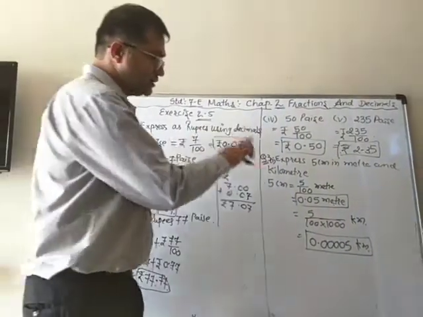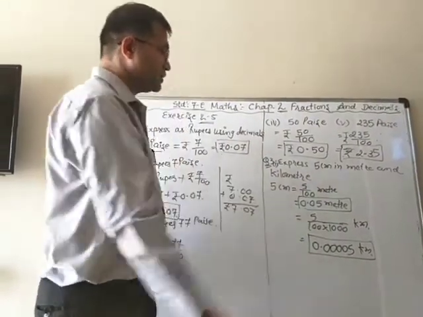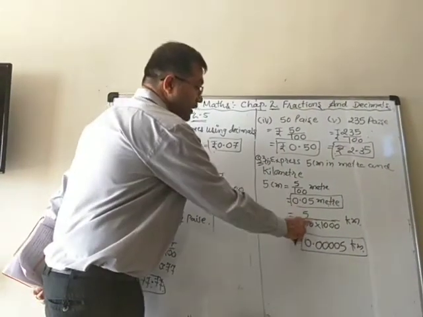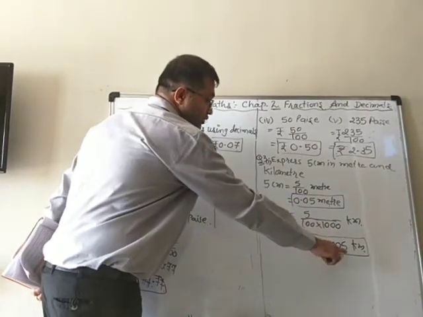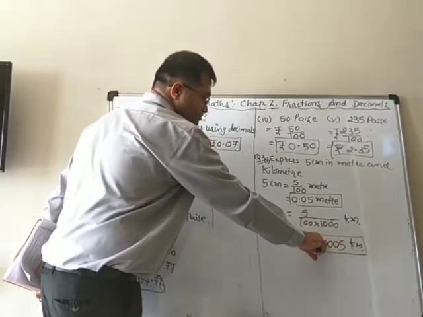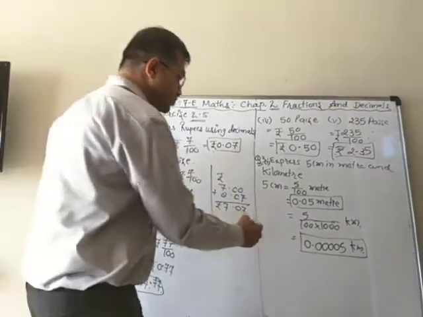For that we divide by 100 and then again meter to kilometer we divide by 1000. So there are 5 zeros here. We have to count from the right side, 1, then 4 zeros, and then we put the point. Then the second one is also there.